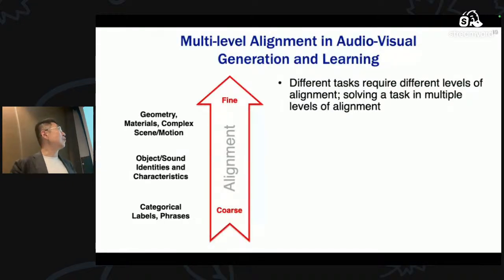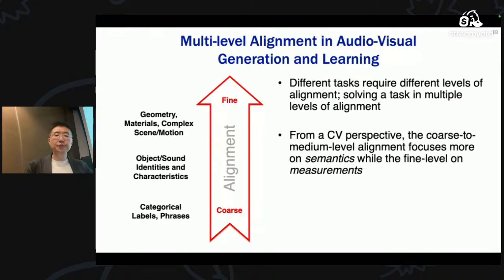Similarly, other tasks can be solved at different levels of the spectrum. From a computer vision perspective, this coarse to medium level alignment focuses more on the semantics part of vision and learning, while the fine level focuses more on measurements and visual geometry.